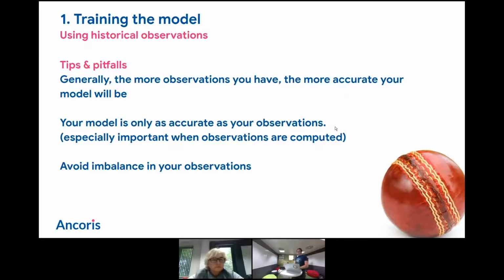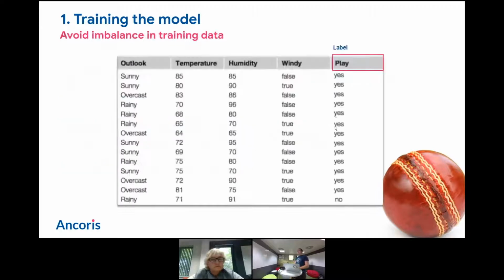And the final piece, which is also very important, is to avoid what we call imbalance in your observations. I'll give you an example of what that means. Imagine this is what we call an imbalanced training set. I've simplified this, but imagine that the training data we fed into this model was 99% play went ahead.